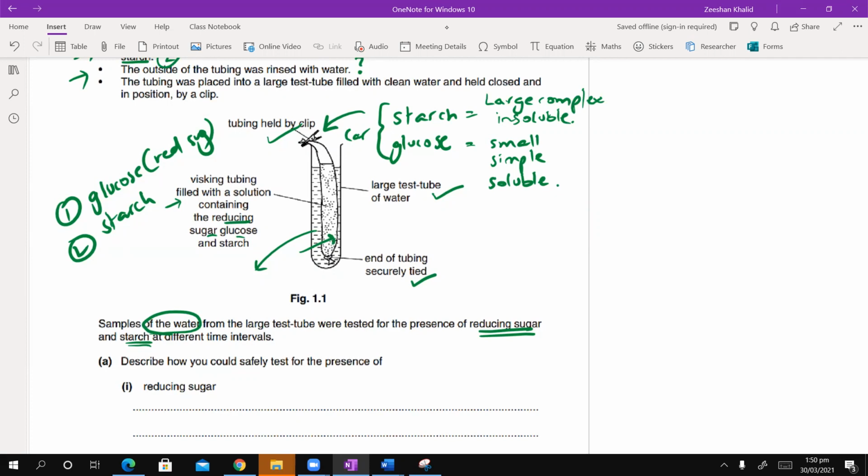The glucose or the starch? What do you think? Glucose. The glucose. Why? Because it's soluble. So we can't expect the starch to come out into the water, can we? We can't, because it's large and complex. Starch molecules are big molecules. They can't cross the semi-permeable membrane because it has small pores, okay?